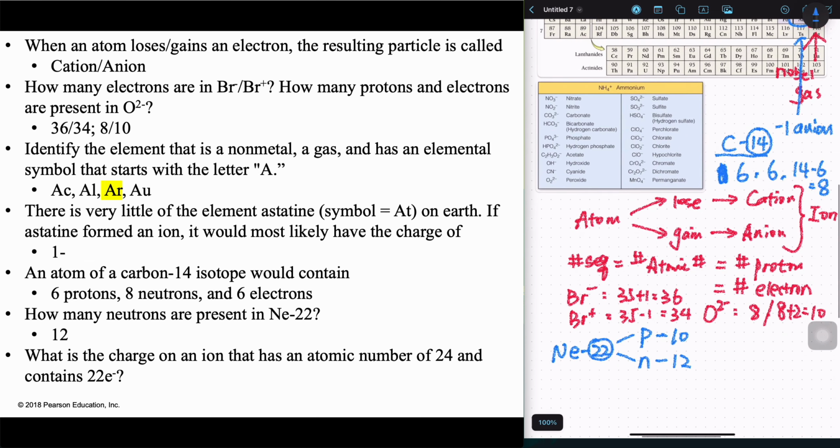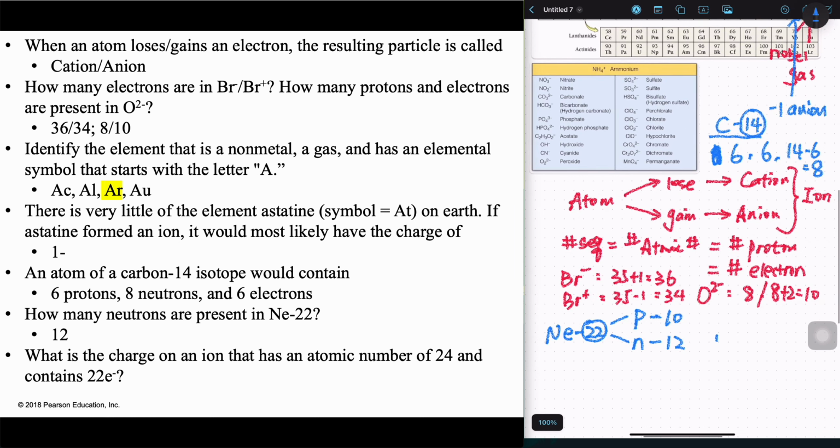Another question. What is the charge on an ion that has an atomic number 24 and contains 22 electrons? In this question, the atomic number is given. We know the atomic number represents the sequence number, which means this element has 24 protons, so in total there are 24 positive charges.